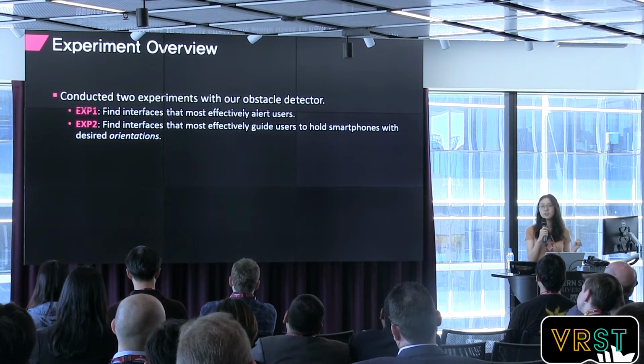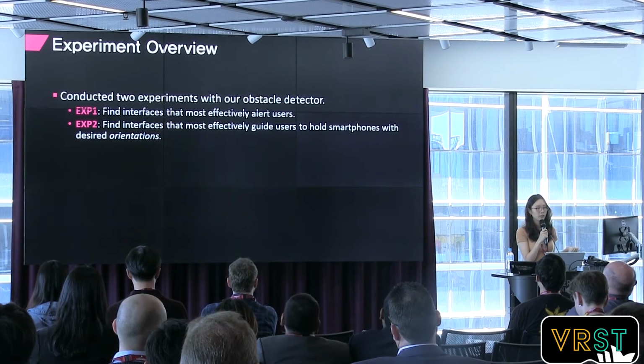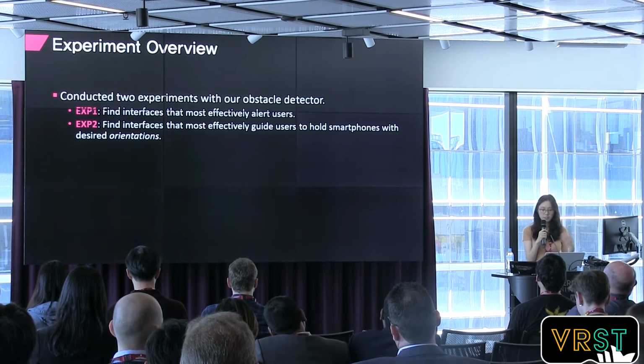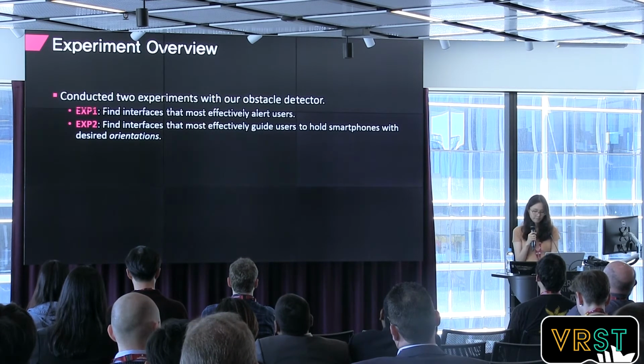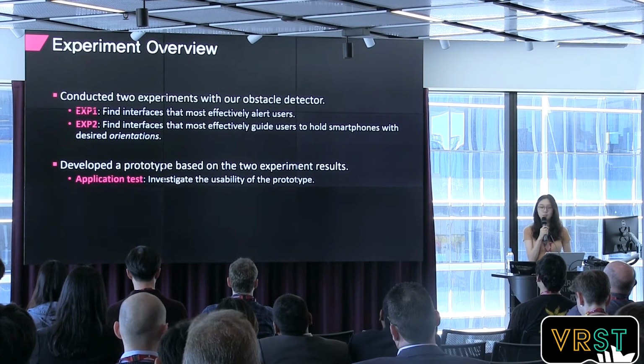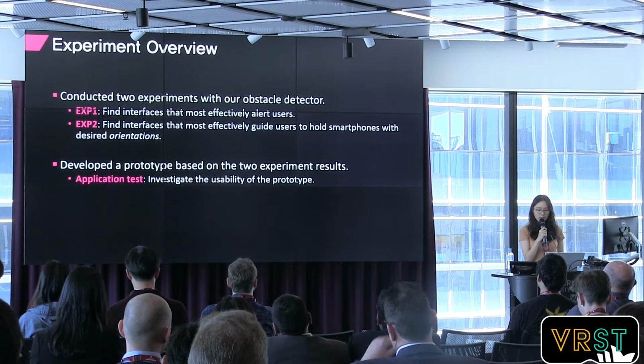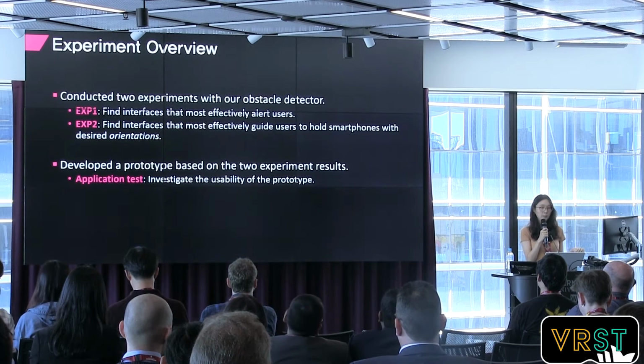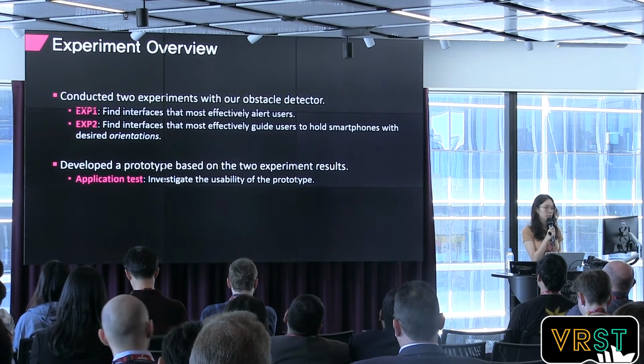This orientation is an important factor for obstacle detection, and we'll talk about this in more detail soon after. Finally, we developed a prototype based on the results of the 2 experiments. We tested this prototype application to investigate its usability.